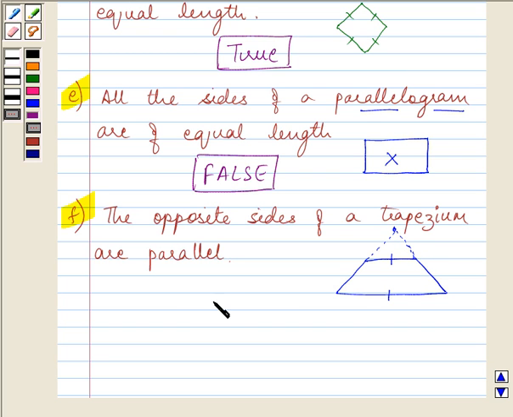Therefore, it is a false statement, as the opposite sides of a trapezium are not parallel. One pair of opposite sides are parallel, but the other pair is not. Hence, it is a false statement.